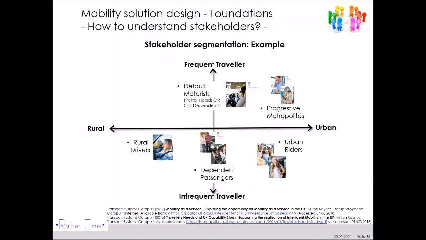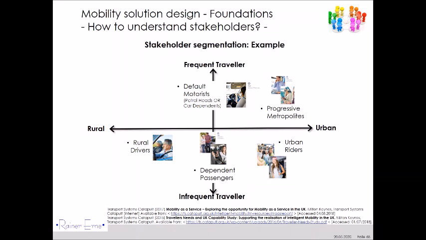We have dependent passengers, which are also traveling infrequently for shopping reasons and which come from suburban areas, and they, as the title indicates it, they are dependent on their own car because they lack other means of transport. And we have rural drivers, which come from rural areas into the city and use their car.